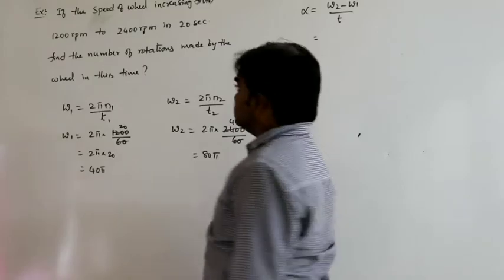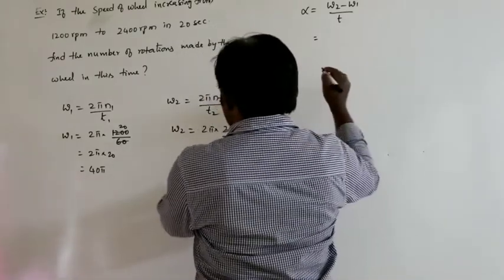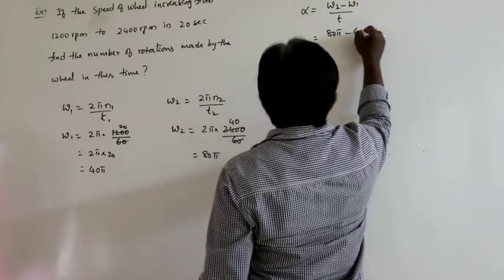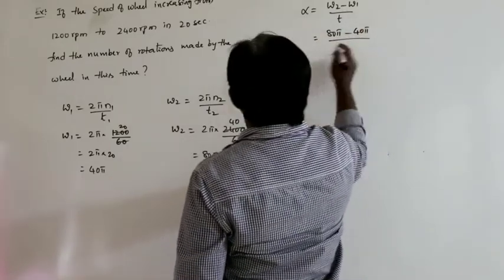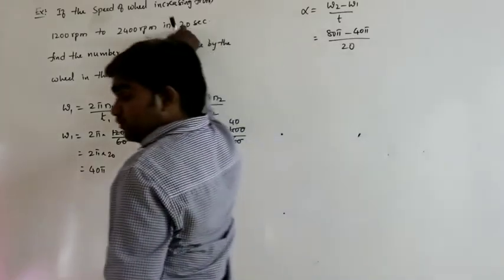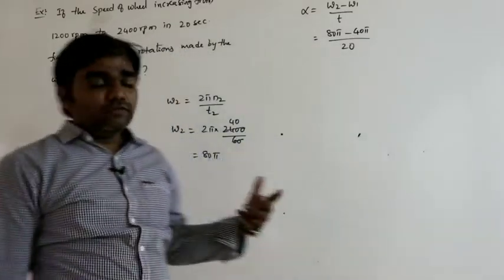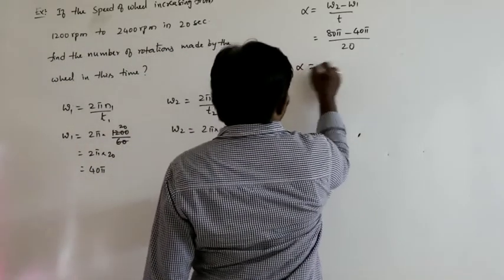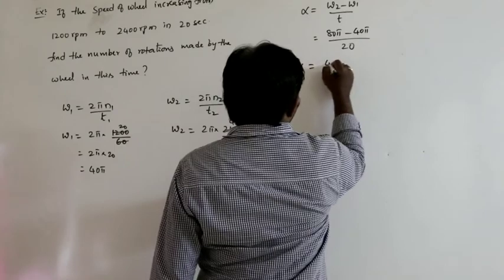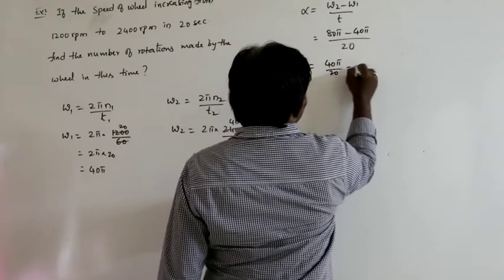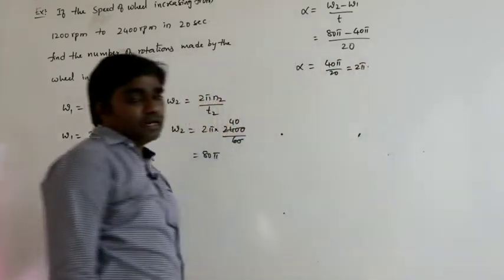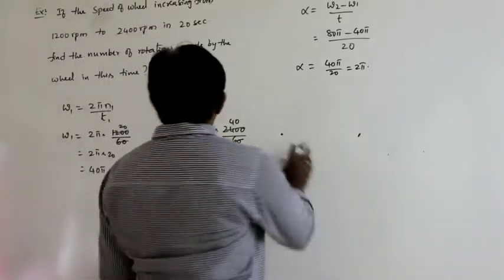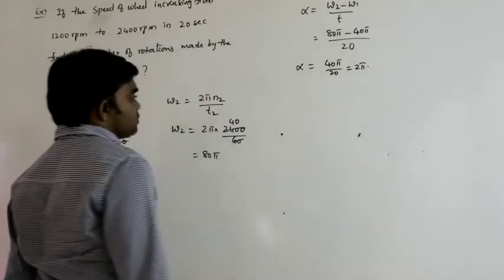What is the value of omega 2? 80 pi minus 40 pi divided by the time, which is 20 seconds. In the time interval of 20 seconds, the speed of the wheel increases from 1200 rpm to 2400 rpm. Therefore alpha is equal to 40 pi by 20, so that is 2 pi. That is the angular acceleration. Then what we have to calculate? The number of rotations made by the wheel.